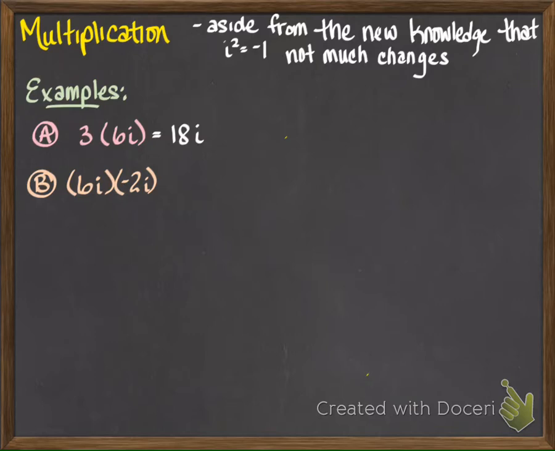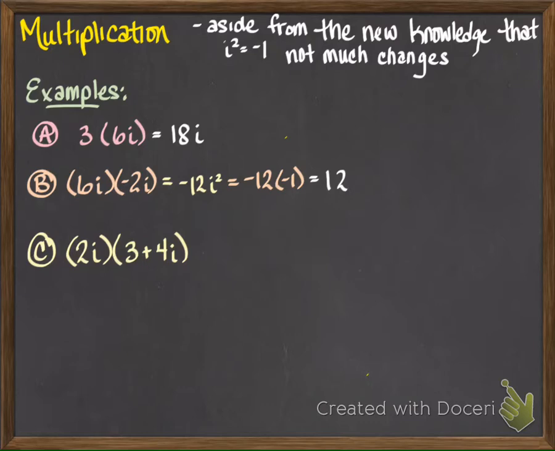Well, now I've got imaginary times imaginary. I'll multiply 6 times -2, I'll multiply i times i, resulting in -12i squared, but since i squared is -1, I can replace it with -1. -12 times -1, positive 12 is the actual product.